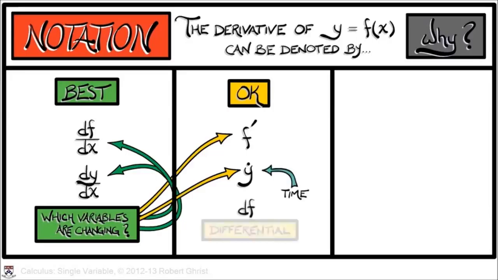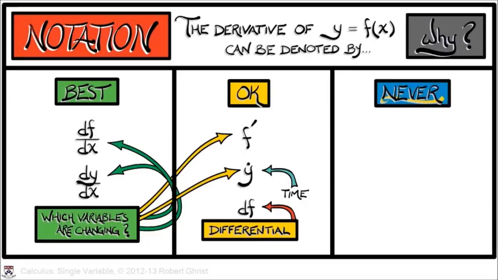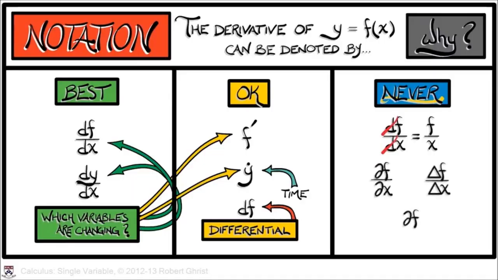Now, sometimes you'll see a differential notation of the form df. This can be helpful, but again, remember which variables are changing. The one thing that you must never do is write something foolish like canceling the d's to get df dx equals f over x. Whew, no way.